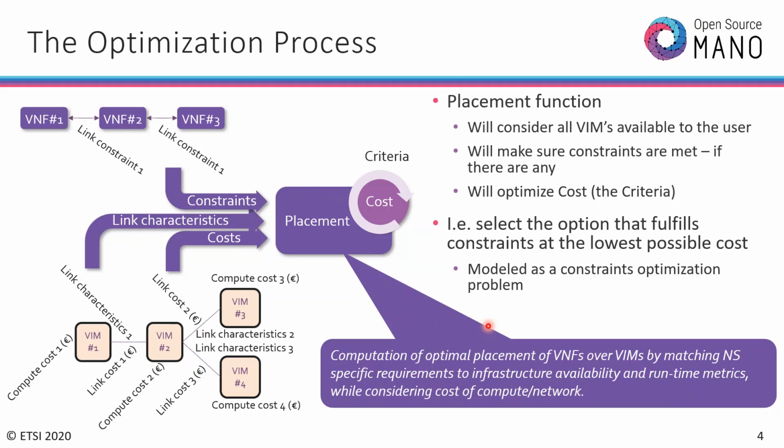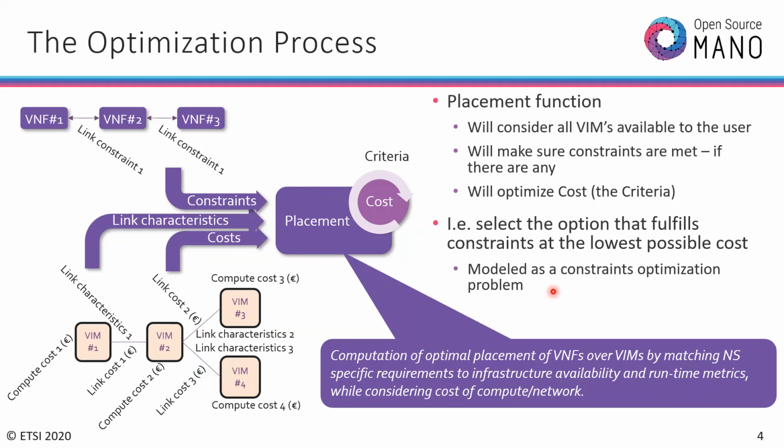We talk about the NS, the VNF, the links, the VLDs, we have VIMs and VIM connectivity. So that's sort of the initial choice for abstraction level. There could be other options, and things can evolve in the future.